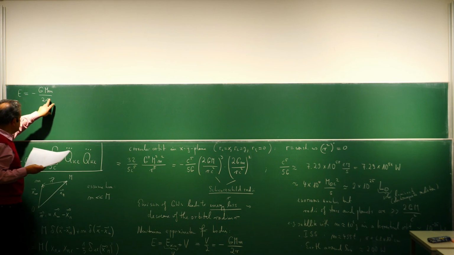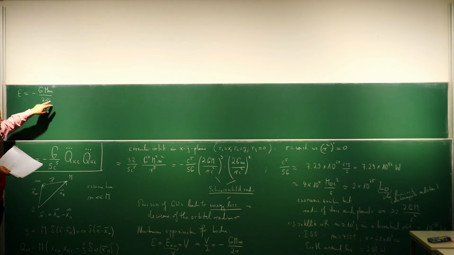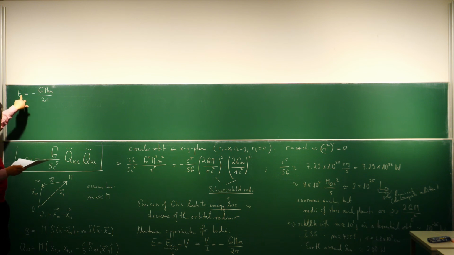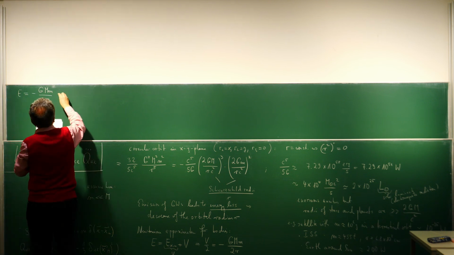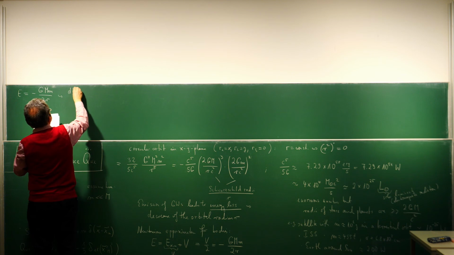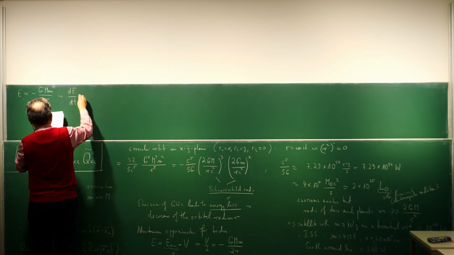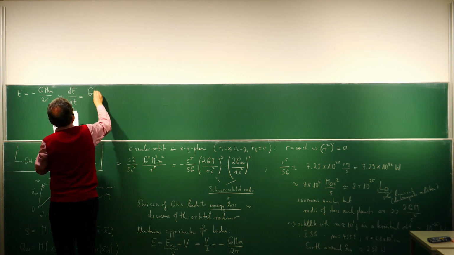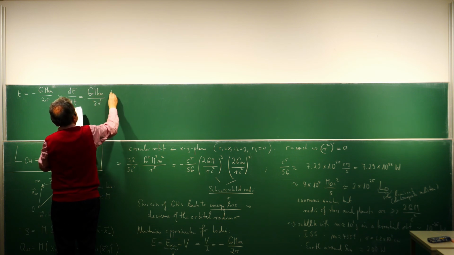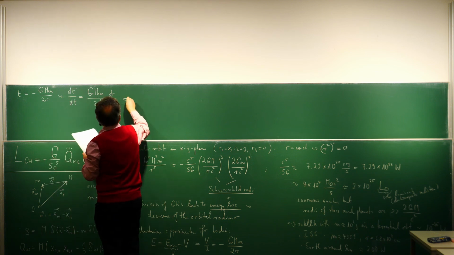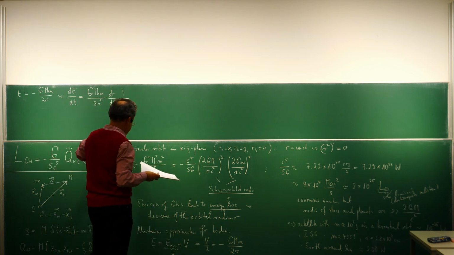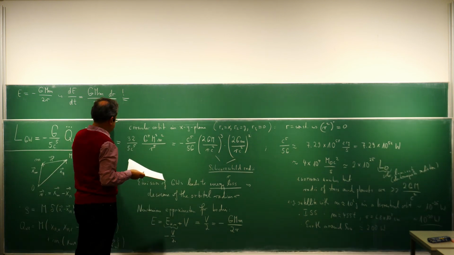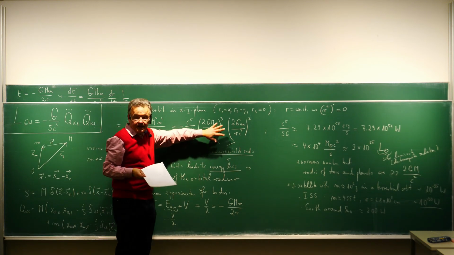So if by the emission of the gravitational waves the orbit shrinks, so r is time dependent, the corresponding energy loss can then be expressed as follows: dE over dt is G M m over 2r squared times dr over dt. Now, by energy conservation, this must of course be the same as here.